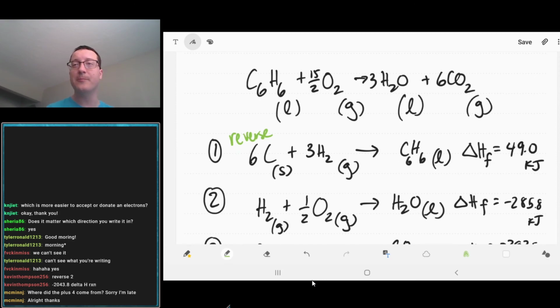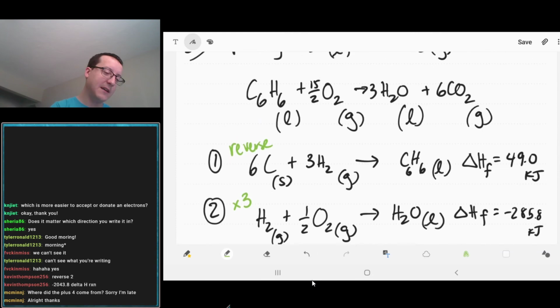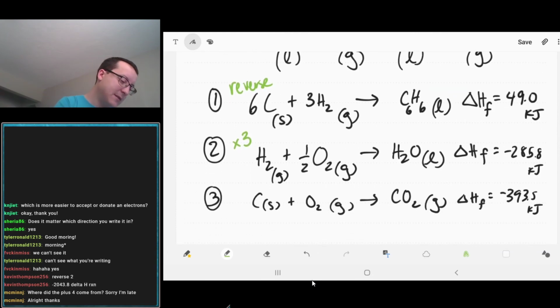Oxygen we're going to ignore, because it's an element already, delta H of 0. So water looks like it needs to be a product, and we need 3 of them. So multiply this by 3. Carbon dioxide looks like we have 6 of those. So we'll need 6 of that reaction.